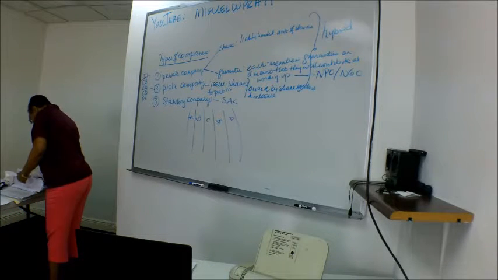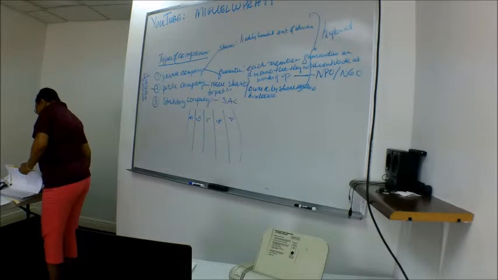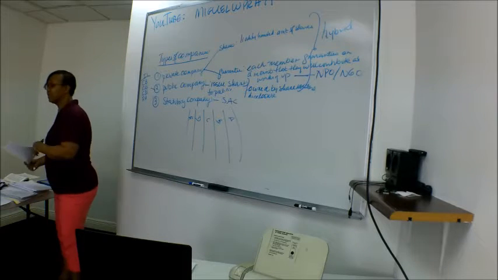It says it's fixed by the articles. And then it goes down to 53, where there's a meeting of a single director or single shareholder, so the minimum is 1.